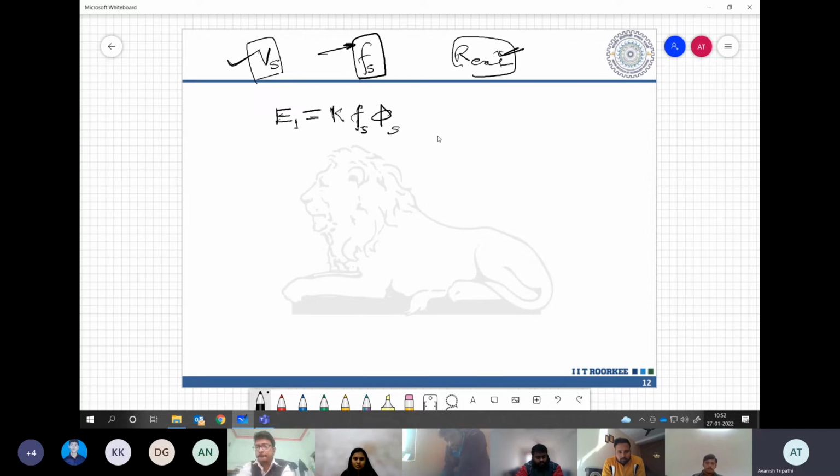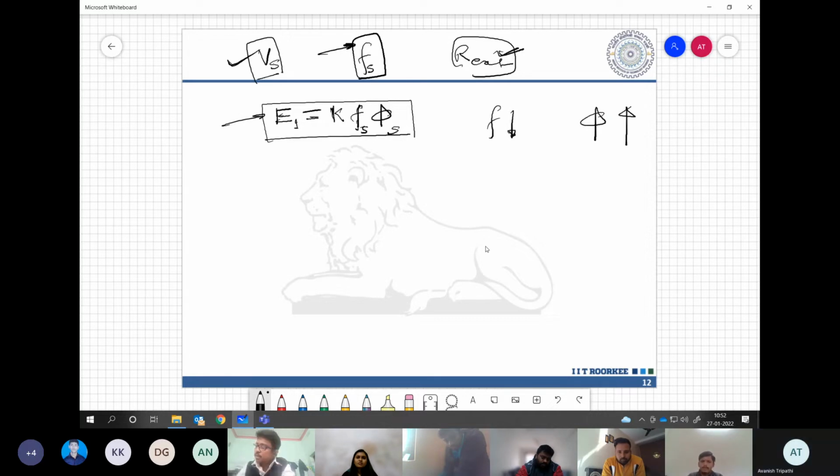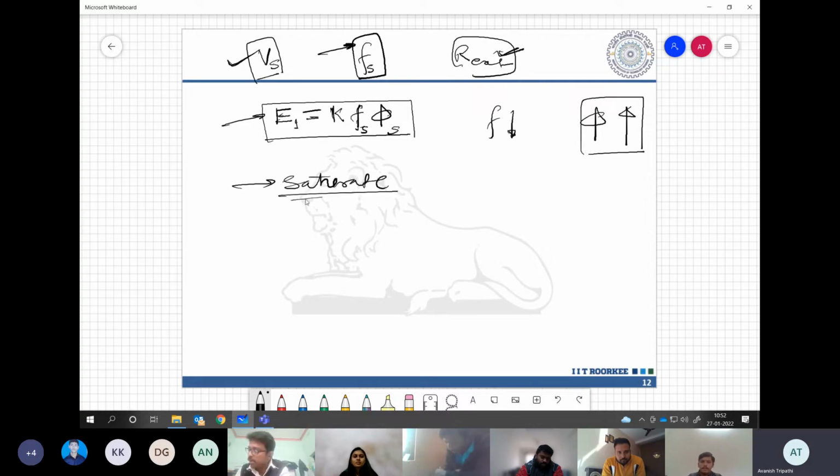Some constant is there relating all this, the 4.44 expression, good enough for getting this value. Now, the important thing to notice is that if you simply try to reduce frequency without changing the voltage at all, your flux may increase. You understand my point? So what will happen if your flux increases in the motor? The motor may saturate, and so whatever you are trying to achieve may not be possible.